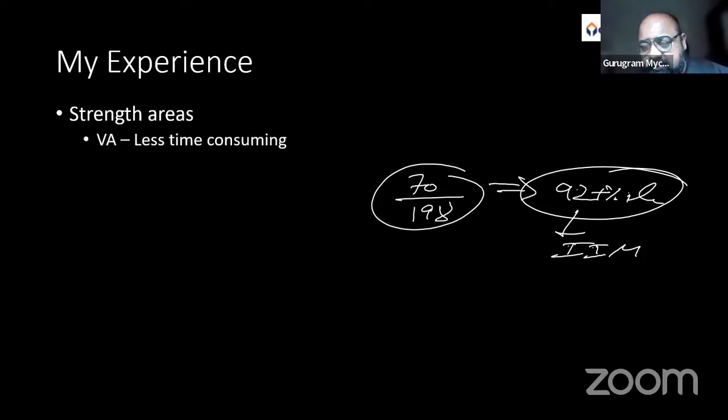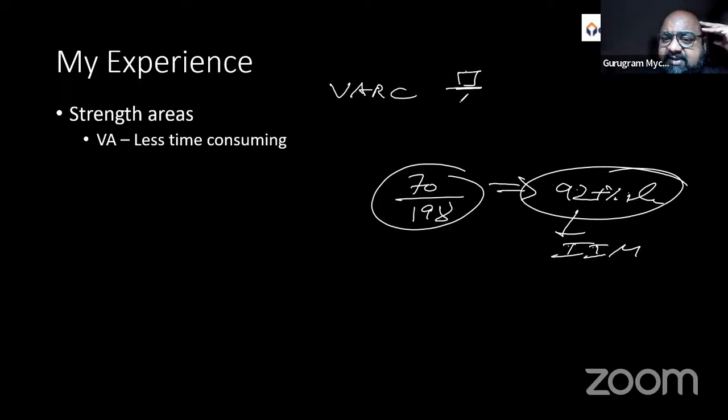So my experience was, see, in VARC section, I tended to prefer VA. Now, when we were giving the exam it was a little different. It was almost equally divided amongst VA and RC, and therefore even if you took up one section out of this, you would clear the overall cutoffs.